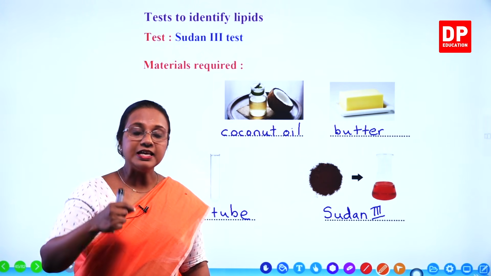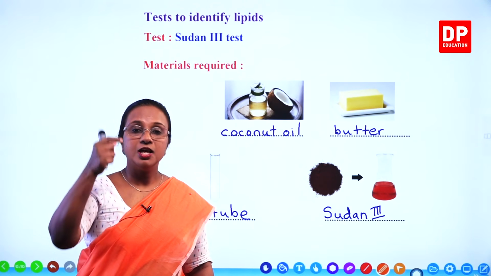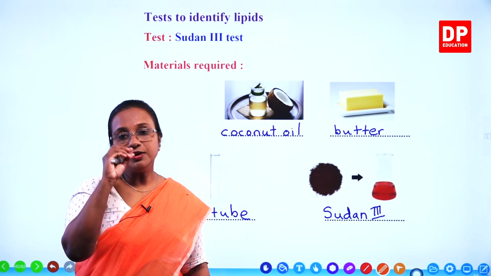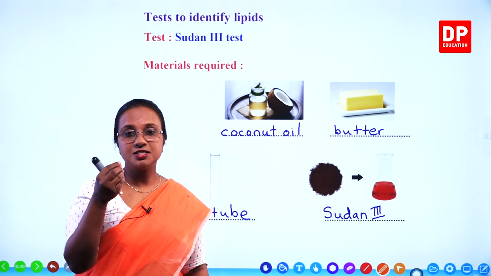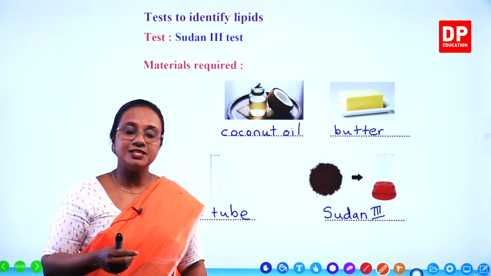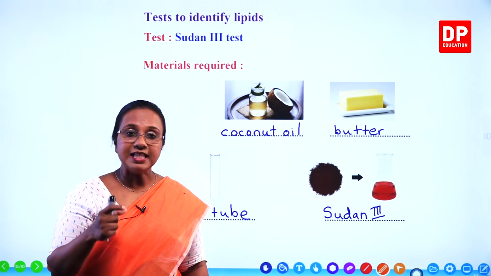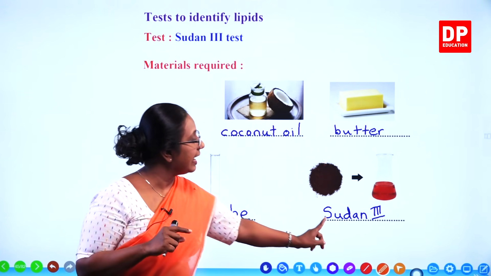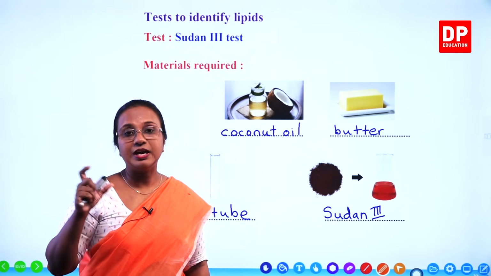And when you add each drop, you can see it going down like a fat globule. A globule is a spherical shaped structure. You can see that moving nicely downwards. And then you mix the solution, that is the oil and the Sudan 3 together.